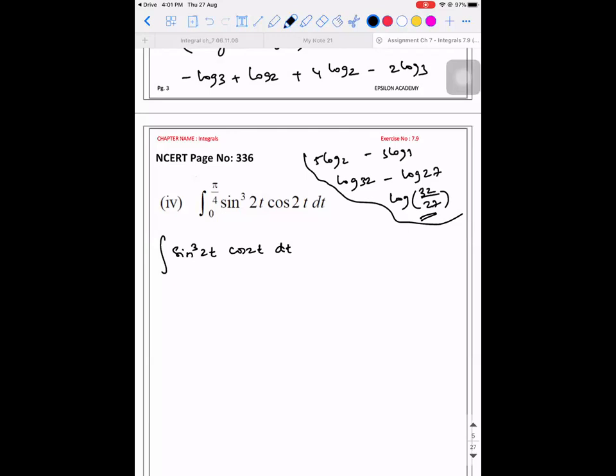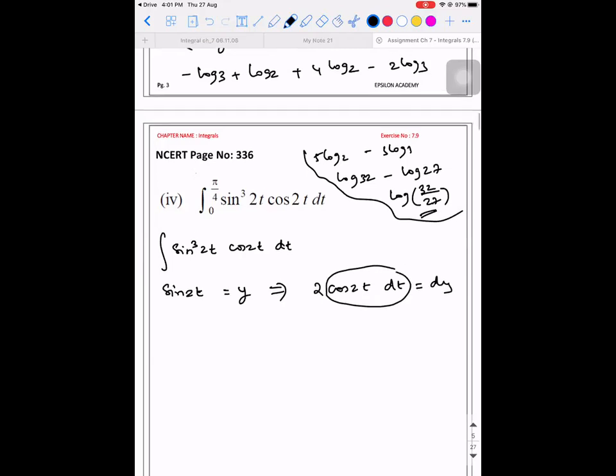If you take cos as t, sine will become the derivative. In this problem, which one should I take as y? Sine 2t as y, because of the power. Very good. So sine 2t gives 2 cos 2t into dt is equal to dy. So cos 2t into dt will be equal to dy by 2.